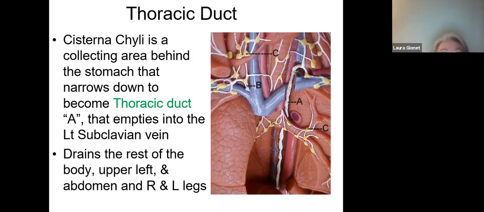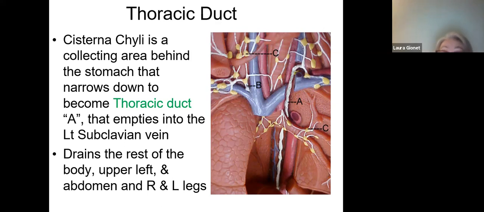I'll show you another picture where it backs up on this model, and you can see where the cisterna chyli is. And then from that point upward, superiorly, it assumes the name of thoracic duct. The thoracic duct empties into this left subclavian vein.